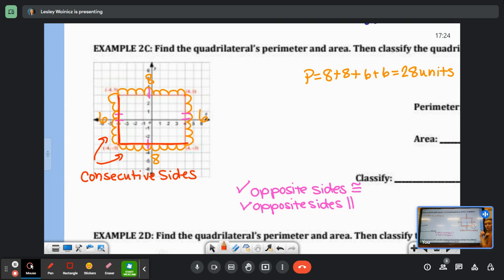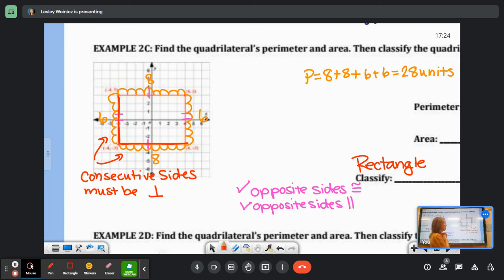And for a rectangle, consecutive sides must be perpendicular. And these are because I've got horizontal, vertical, horizontal, vertical. And horizontal and vertical we know are perpendicular. So this guy is a rectangle. He's also a parallelogram, but rectangle is a more accurate name.